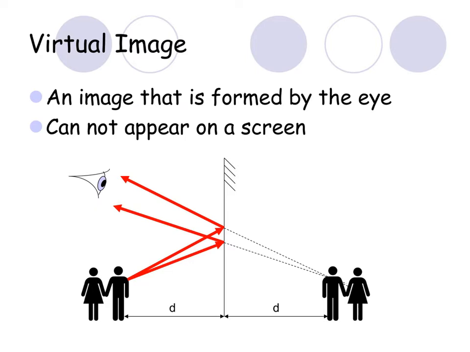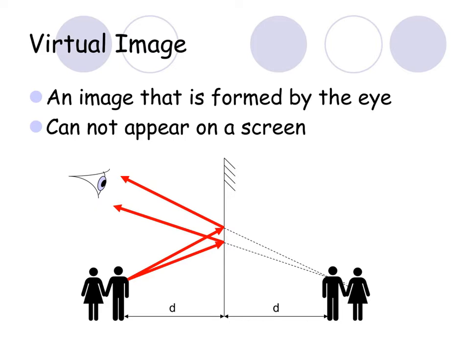We can only see light coming from where it appears to come from. Now, as you can see, this couple are being spied on by this gentleman. The light is bouncing off of the mirror and diverging towards the observer's eye. But the observer can only see straight lines in light. So it follows the light back to a point where it appears to come from, which is behind the mirror.